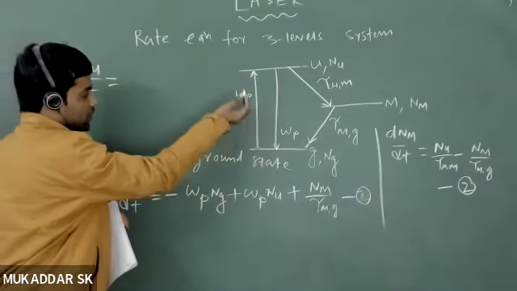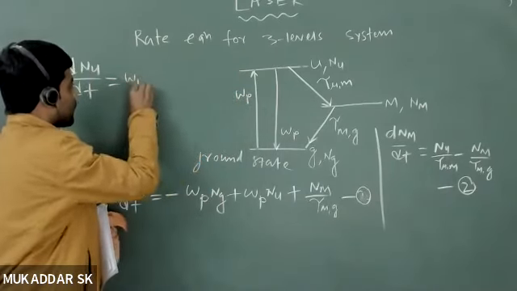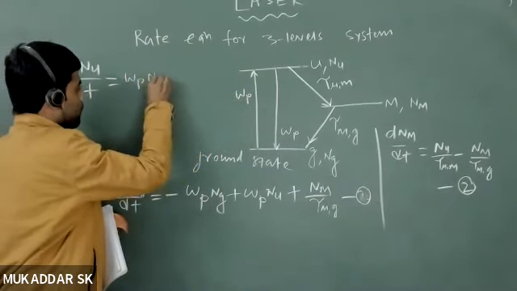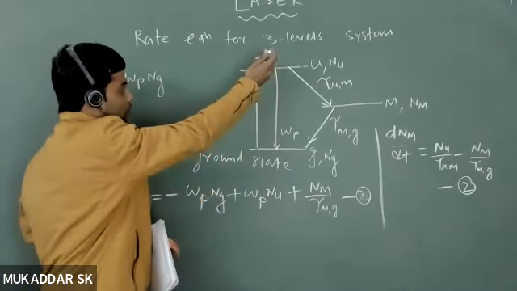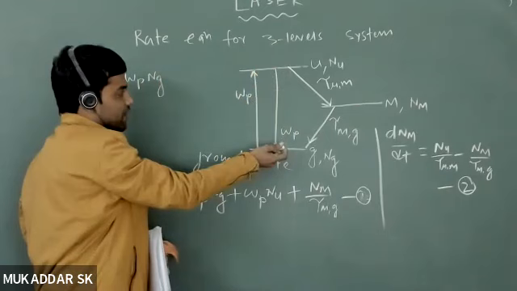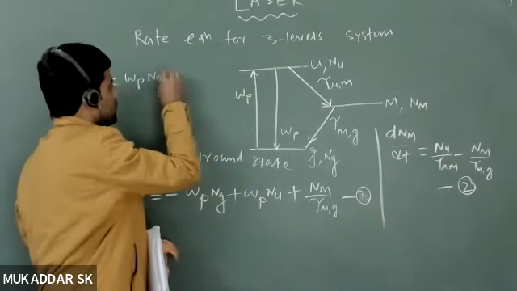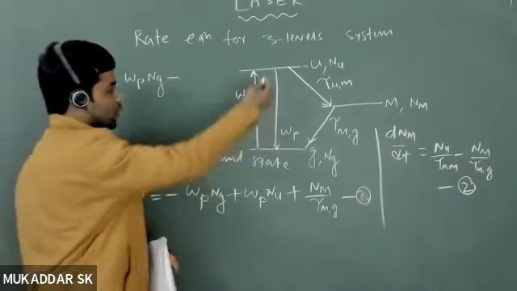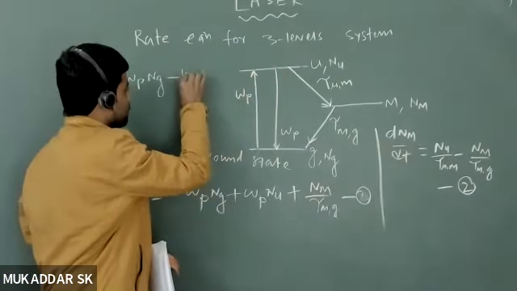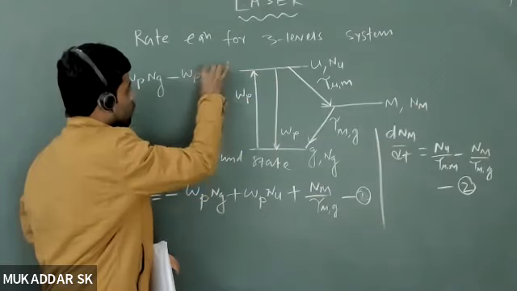At what rate? That will be Wp into Ng. The decay of atoms from upper state to ground state will decrease the population of the upper state. I'll use a minus sign. At what rate will that decay happen? Wp into Nu.